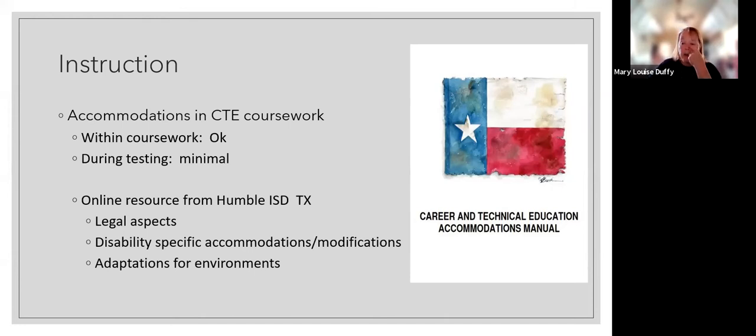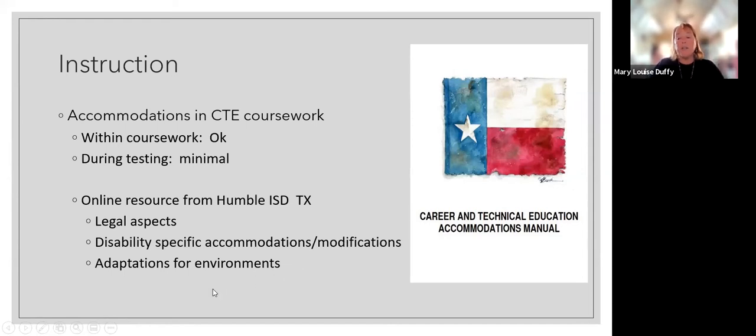So I started looking around for what they talk about as far as accommodations in other places, and I found an online resource from the Humble Independent School District in Texas, and on the handout there is a link to this career technical education accommodation manual. It goes through the legal aspects of what you are permitted to accommodate and what you are not permitted to accommodate. And then it suggests disability specific accommodations and modifications.